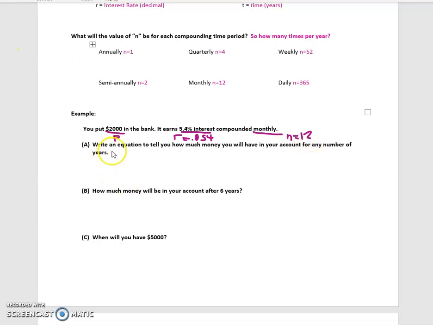Write an equation that tells you how much money you'll have in your account for any number of years.